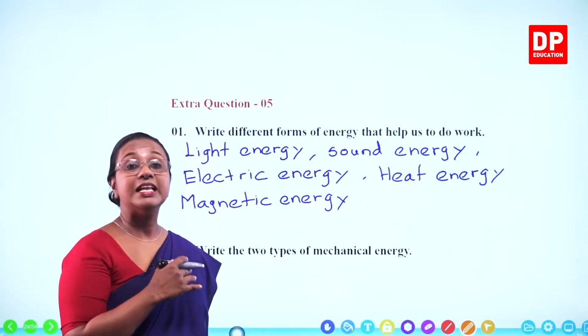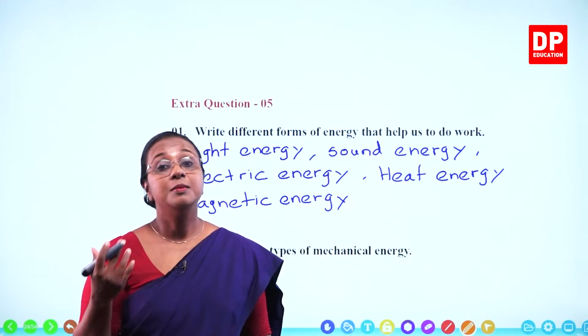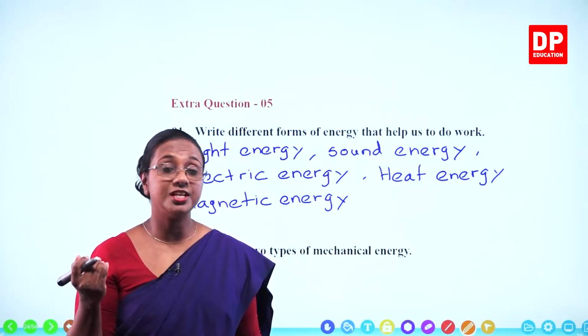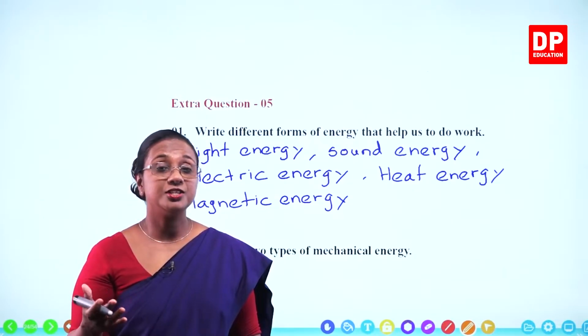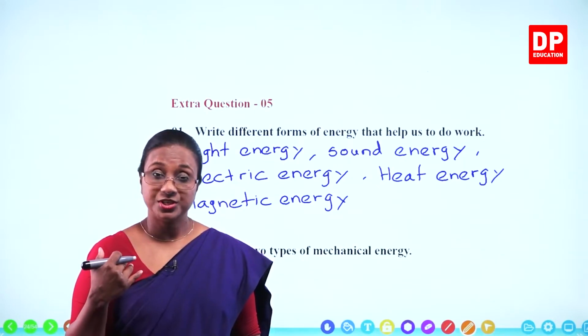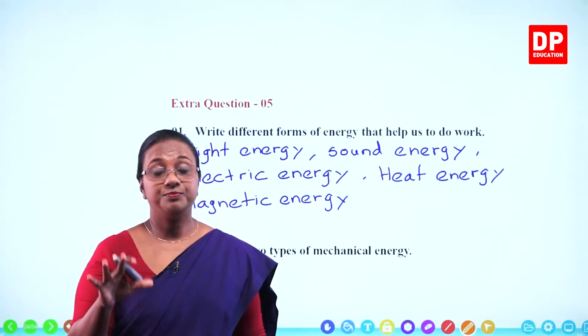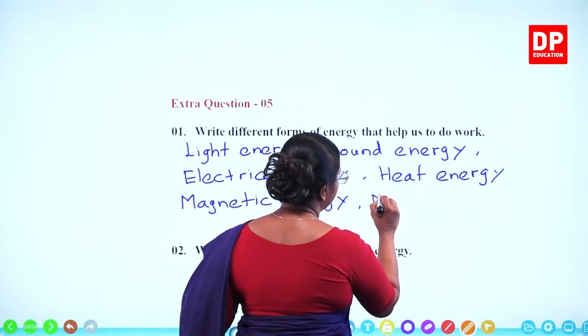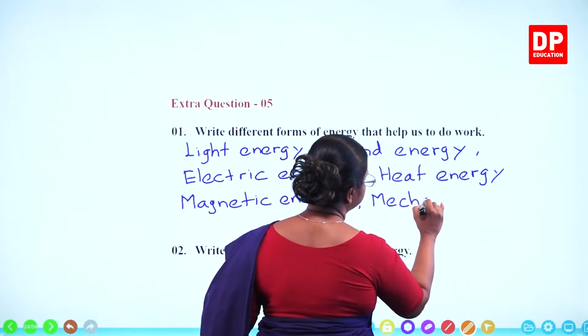And then the energy that we discussed: mechanical energy. Again there are 2 types, kinetic and potential energy. Under potential energy also, gravitational potential energy and elastic potential energy. But all together we call it mechanical energy.